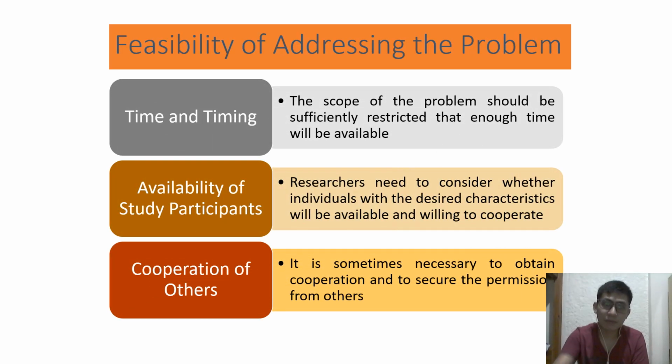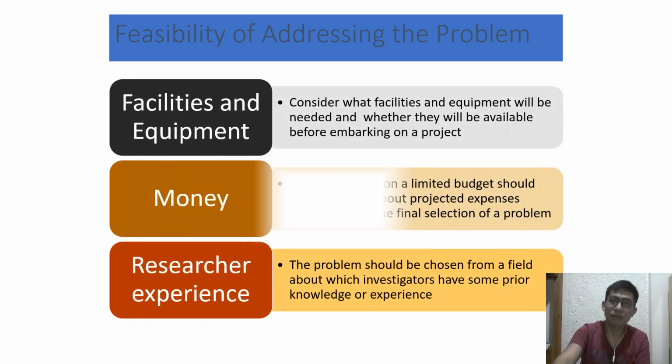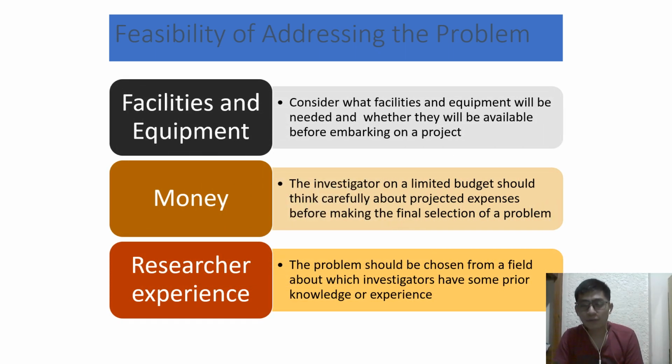Feasibility: there should be enough time and timing, availability of study participants, and cooperation of other stakeholders. In addition to feasibility, there should be facilities and equipment, money, and researcher experience.